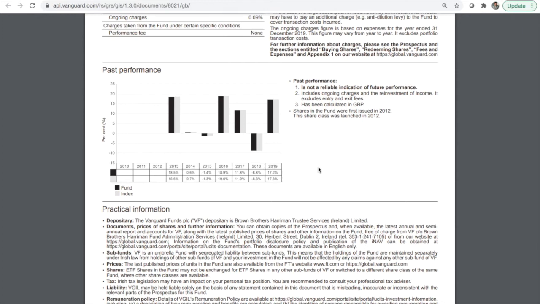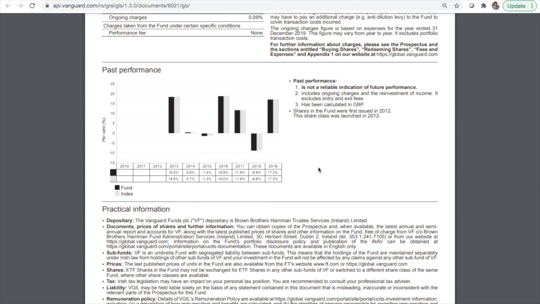And then below the black line you can see the greyish line, and this shows you how the actual index has performed. So in 2013 there was a 0.1% difference between Vanguard's FTSE 100 and the FTSE 100 itself. So it was pretty much neck and neck, but technically the index performed slightly better.